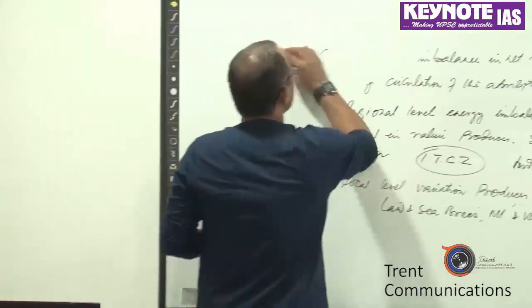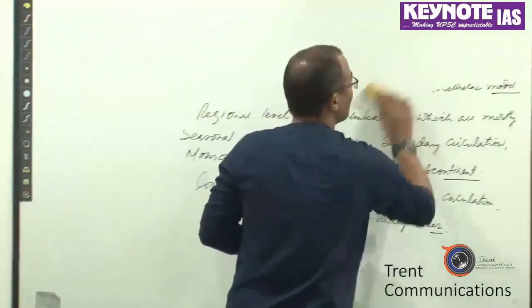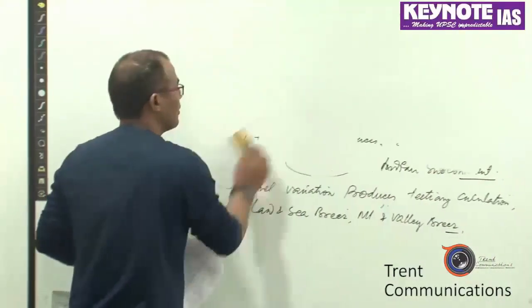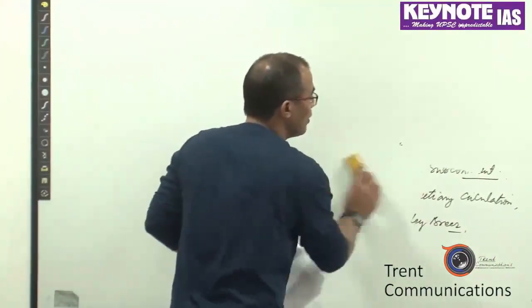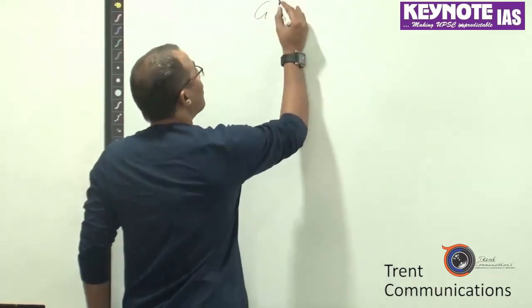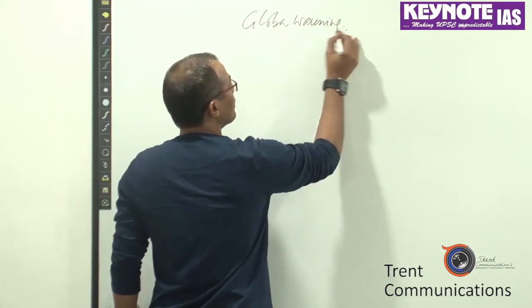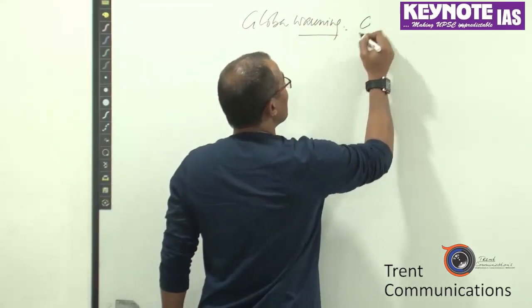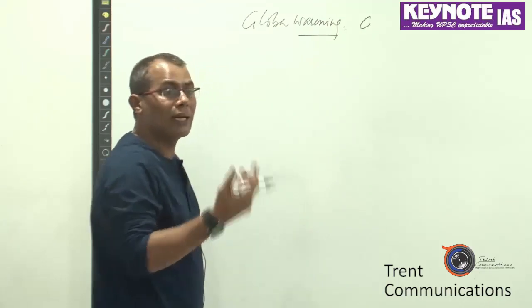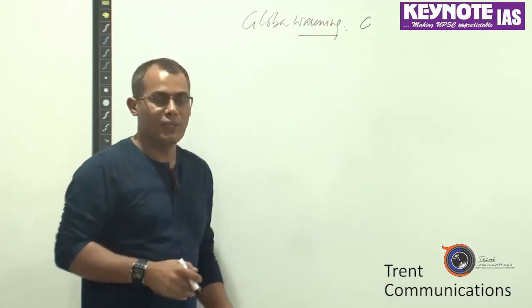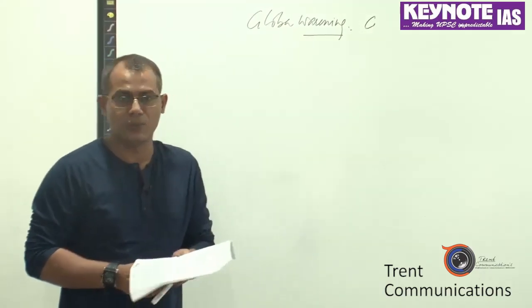Then complete your answer by concluding, bring global warming and its impact on atmospheric circulation. The impact of global warming over atmospheric circulation is not very well understood.